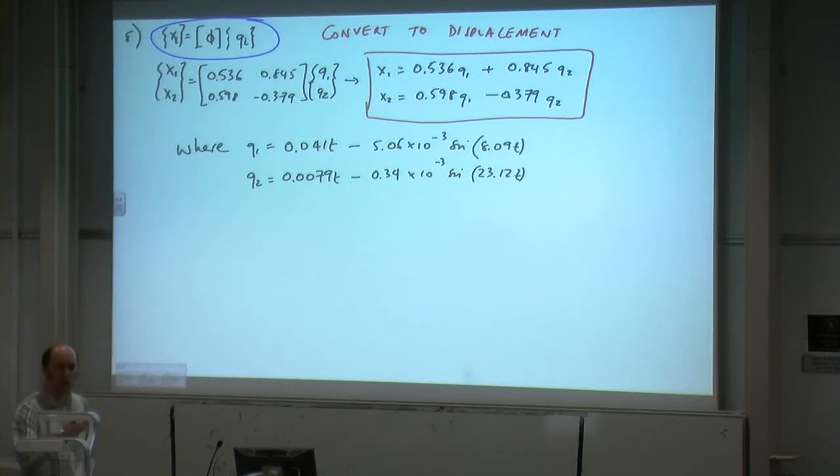We have got a linearly increasing force being applied to one of the masses in that 2 degree of freedom system. And obviously what's going to happen is that you're going to have mass 1 increasing linearly by a certain amount, okay? 0.536 times 0.0412, and mass 2 is also going to be increasing. Plus this value.